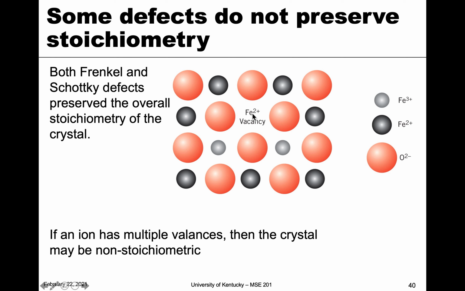So this is one way in which we could have this non-stoichiometric defect. And it occurs in a crystal like this, where something like iron has multiple valences possible. So because iron can be 2+ and 3+, this type of defect is possible. Others it may not be.